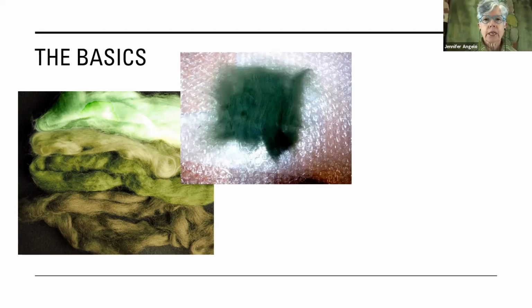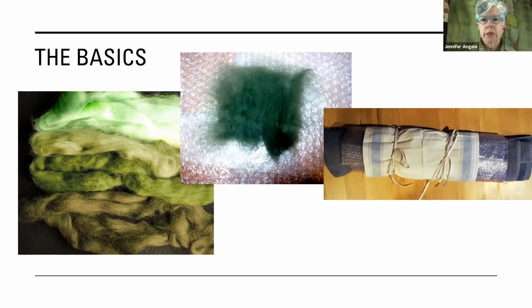Then you take little wisps of this and lay them out, typically on bubble wrap, usually in a vertical and horizontal pattern. Then you get it wet with soapy water, roll it up in a towel with plastic on the wool, and agitate it pretty much forever.